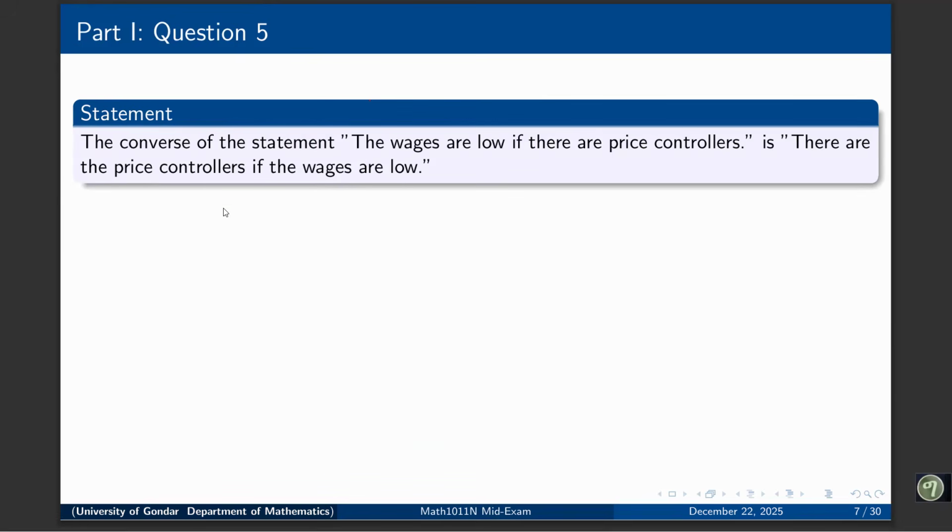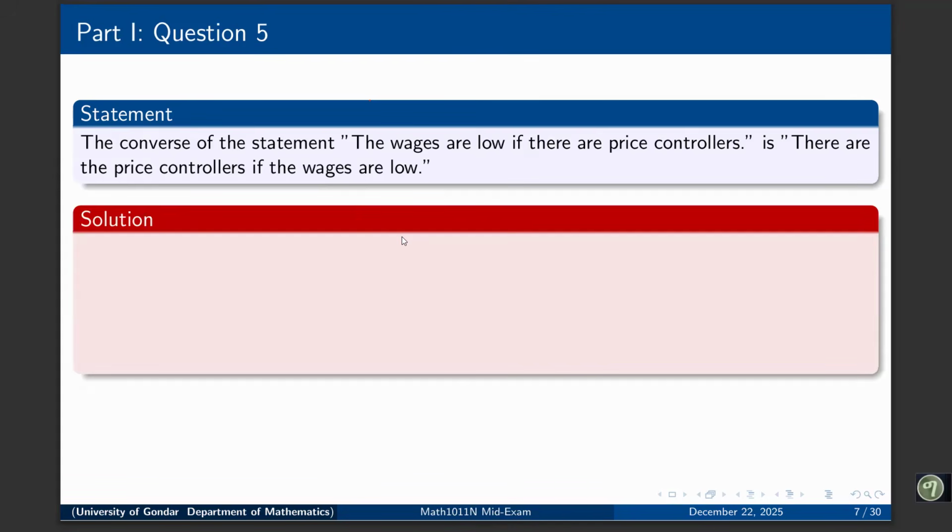Here we are given a logical implication, that the wages are low if there are price controllers. This can be originally written as: if there are price controllers, then the wages are low. So let's first find the original statement.